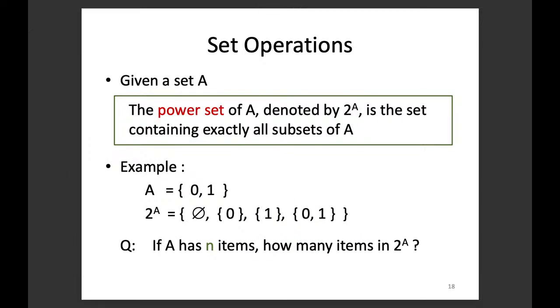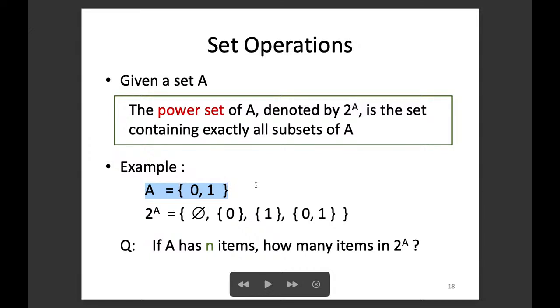Another set operation is called the power set. So the power set of a set A, we denote this by 2 to the power A, is a set that contains all the subsets of A. So if A is {0, 1}, then based on this set A, we can find out what kind of subsets of A we can form.